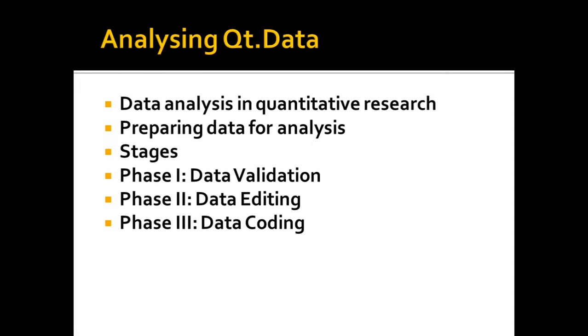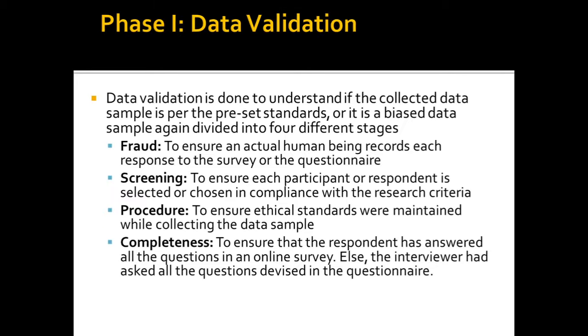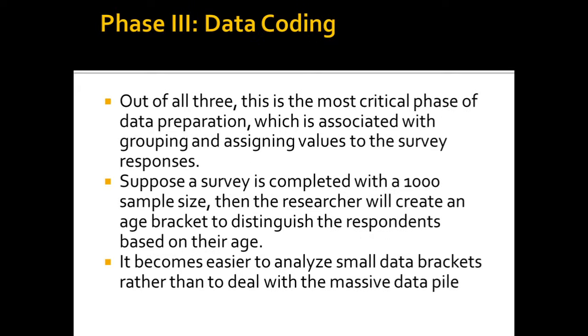And then we learned about quantitative data analysis, which is basically called preparing for data analysis, and there are subsequently the methods. But there are three phases we talked about for qualifying the data. First one is called data validation, second one is called data editing, and the third one is called data coding. Having seen these three, we had seen elaborately the types of statistics called descriptive statistics and inferential statistics. In fact, statistics are classified into two types only across the world.